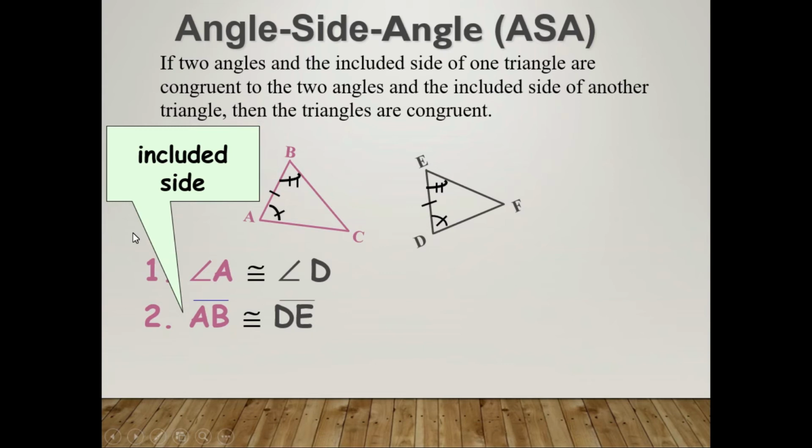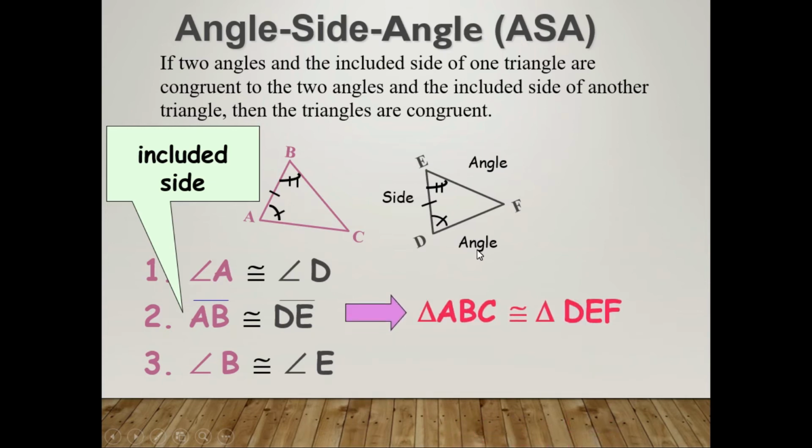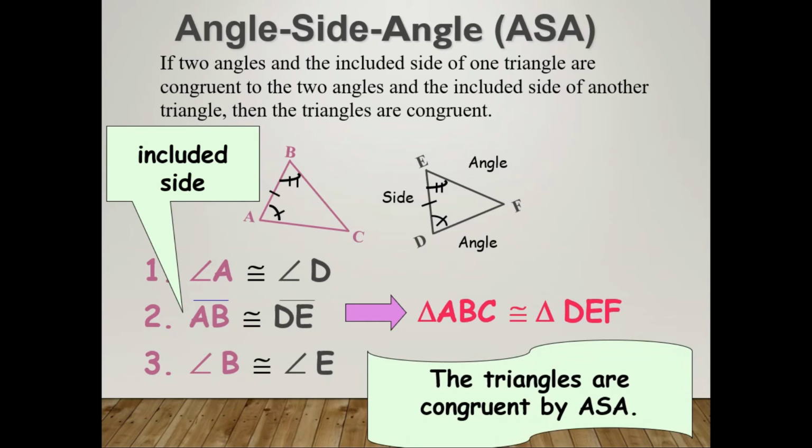Next, or for the last given, we have angle B is congruent to angle E. So yan yung ating third given. Then, if we already named the three corresponding parts which are congruent, so we have the angle, side, and angle. Then we can say that triangle ABC is congruent to triangle DEF by ASA congruence postulate or the angle side angle.